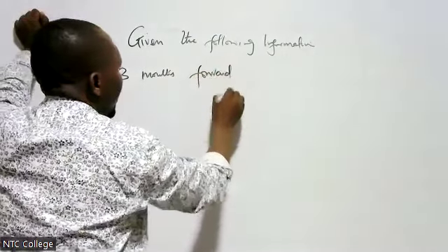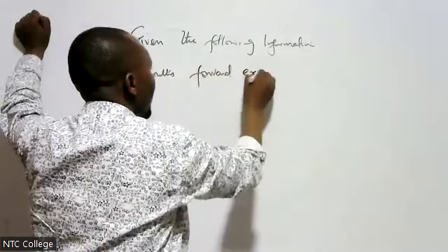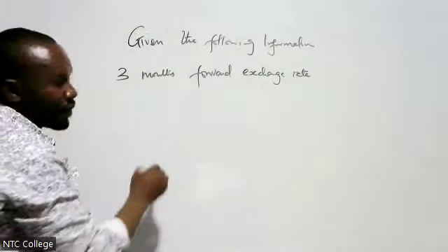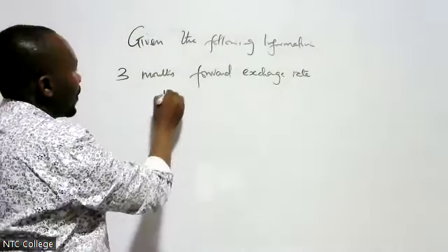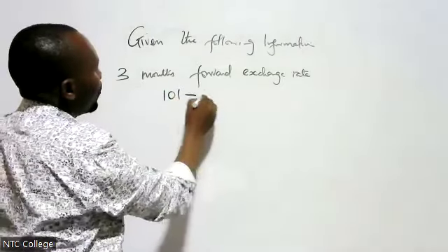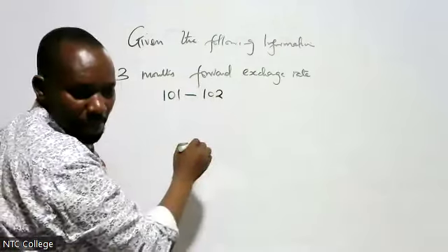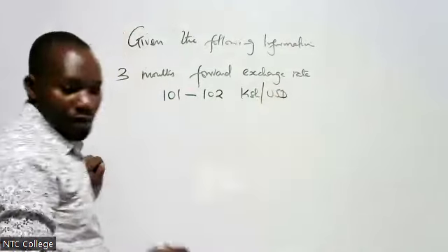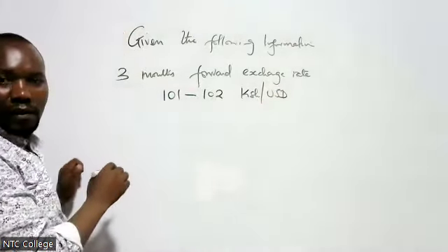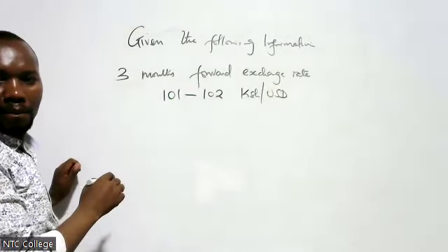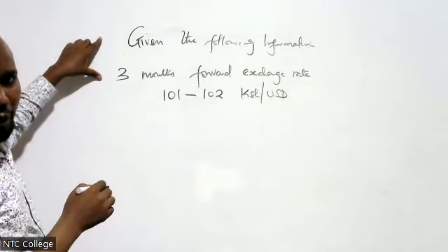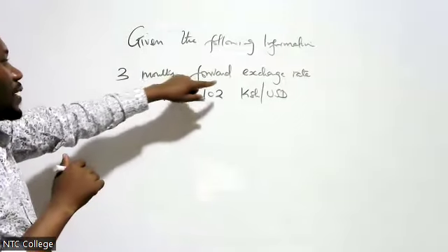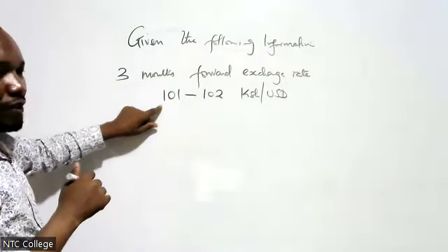We are talking about forward contracts, so the forward exchange rate is given as 101 to 102 Kenya shillings per USD.